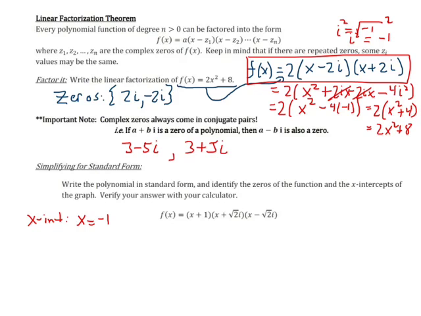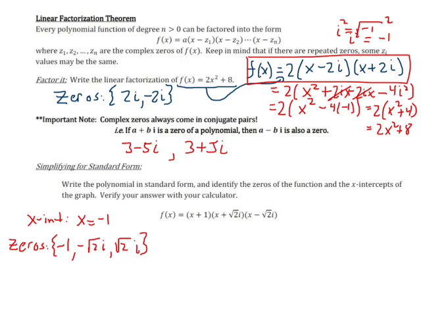We have other zeros, so let's list them all. All of our zeros are negative 1, and then the numbers that make this zero would be negative square root of 2i and positive square root of 2i. Sometimes we write that as plus or minus square root of 2i. Again, the fundamental theorem of algebra states that we should have 3 zeros, and as we multiply this out, we'll see we have a third degree.